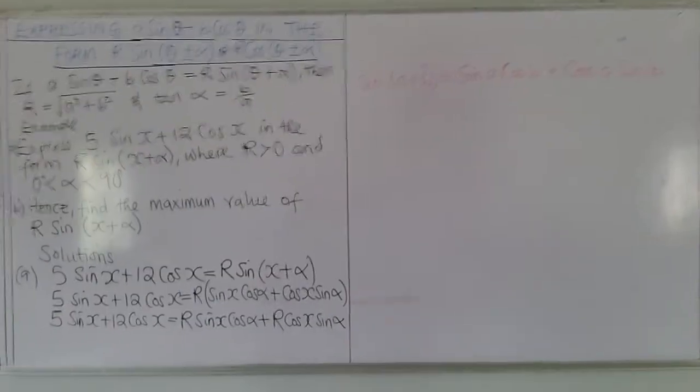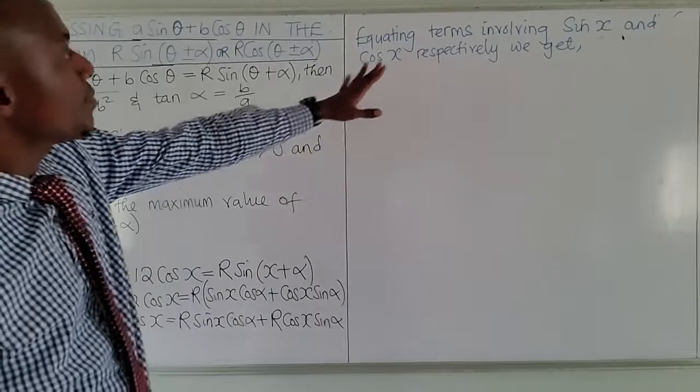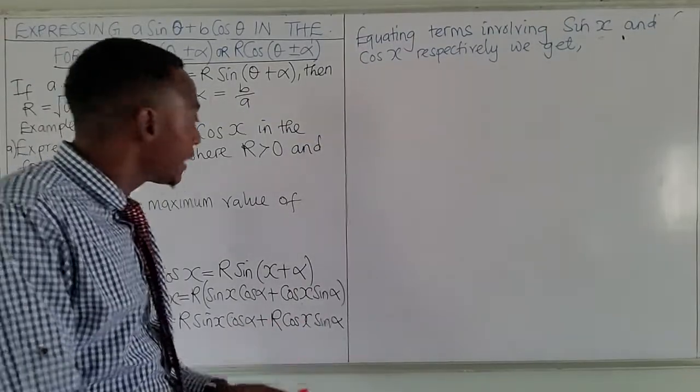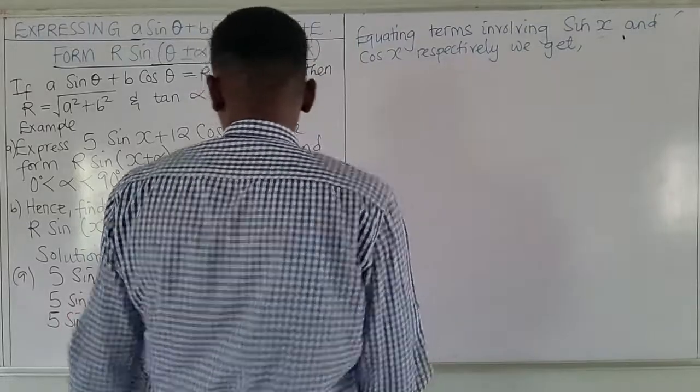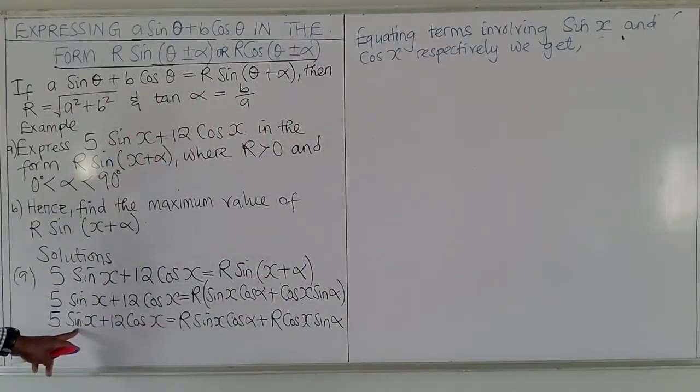Now, equating terms involving sine x and cos x respectively, what do we get? What has got x has to be equated to what has got x on this side, meaning the coefficient of sine x and the coefficient of cos x must be equated.